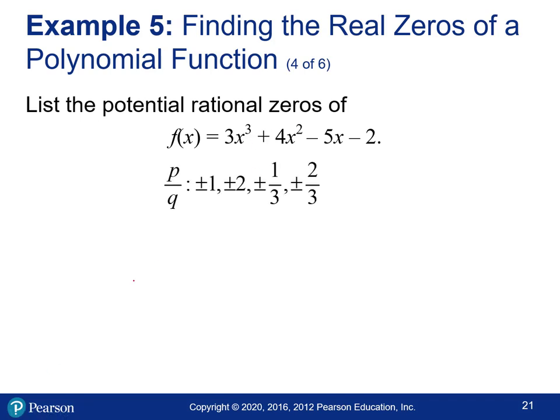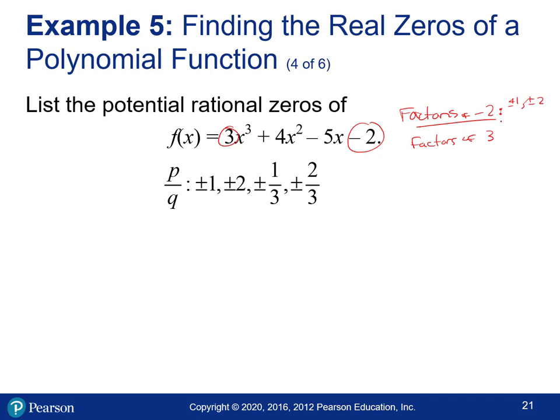Okay, so listing our possible rational zeros. Remember how this goes from the previous video. You take the factors of the constant, so the factors of -2, and you divide them by the factors of the leading coefficient, so the factors of 3. What goes into -2 is 1 times 2, or -1 times 2, so plus and minus 1 and plus and minus 2.